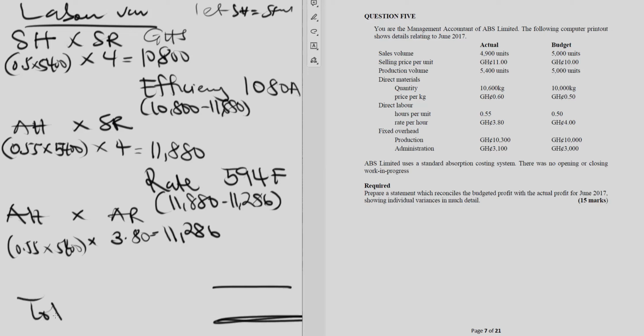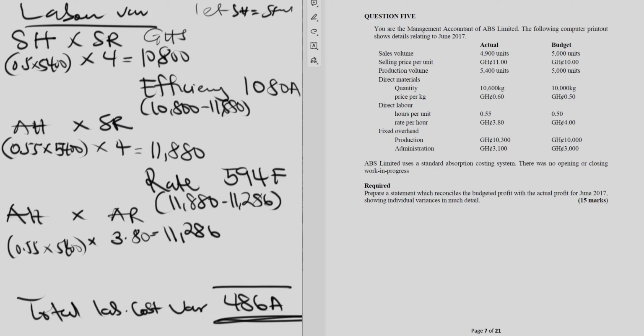So if I should put my total labor cost variance together, I have negative 1,080 plus 594 favorable. And that gives us 486 adverse, right? 486 adverse. But all you need are the individual variances.